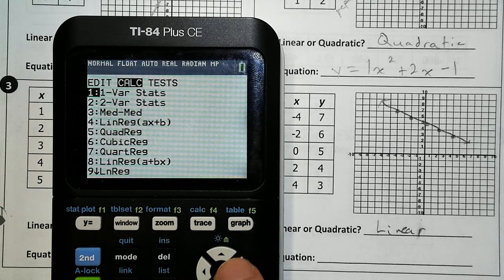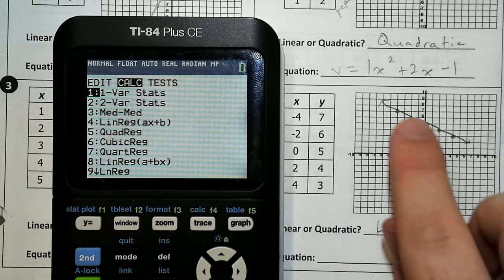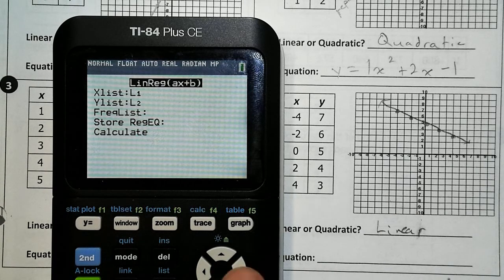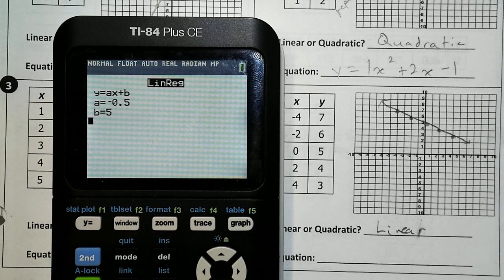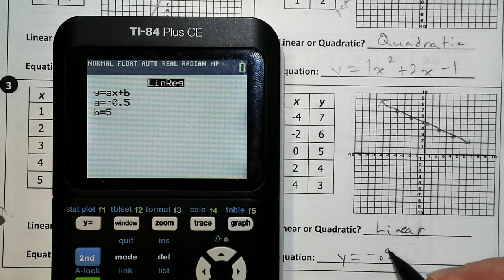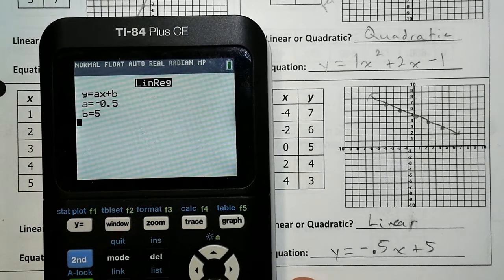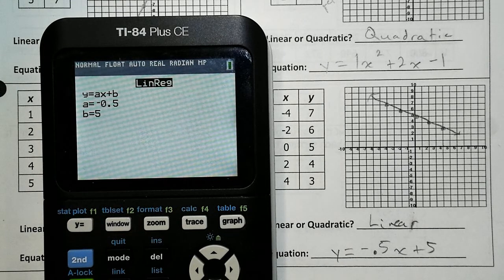Go back to stat, calc. This is linear, it makes a straight line, so number 4, and go down to calculate, push enter. So this one is y equals -0.5x plus 5. So we have our equation, we used the strategy. I'm going to stop our video here and we'll continue with it back on the next video.